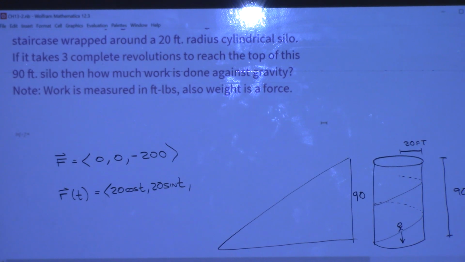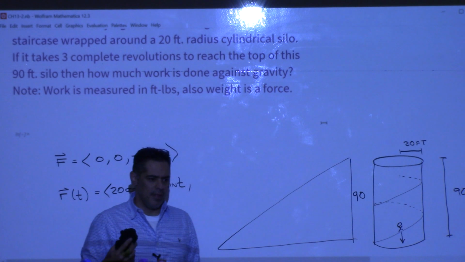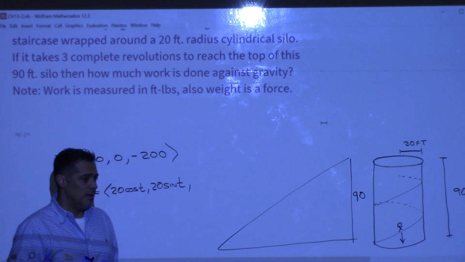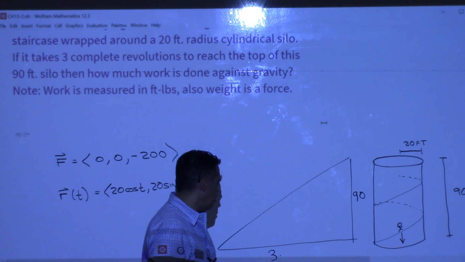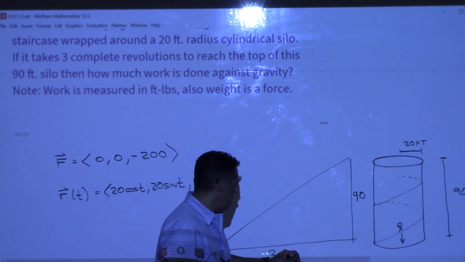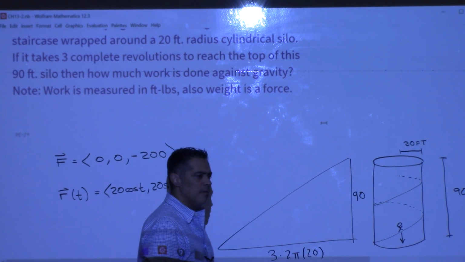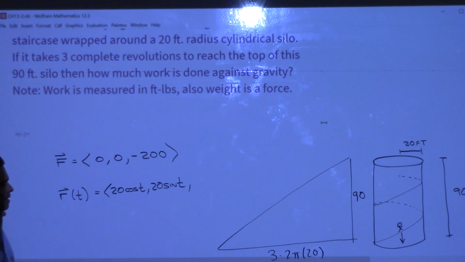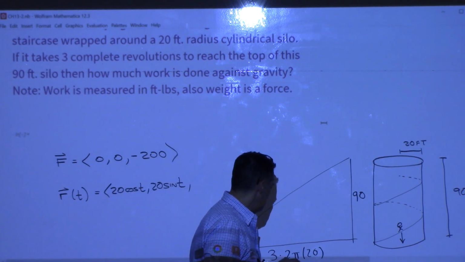So shouldn't this x be 3 of the circumferences of the circle? So that would be 3 times, what's the formula for circumference? 2 pi r. So 2 pi r is 20, right? So what's that? 120 pi? So this side is 120 pi.